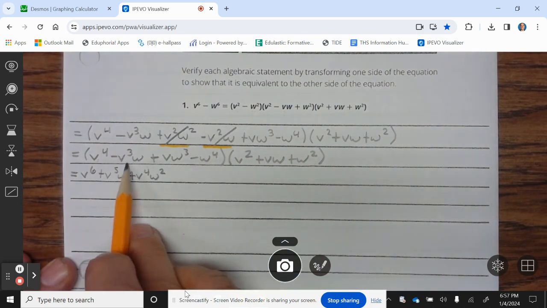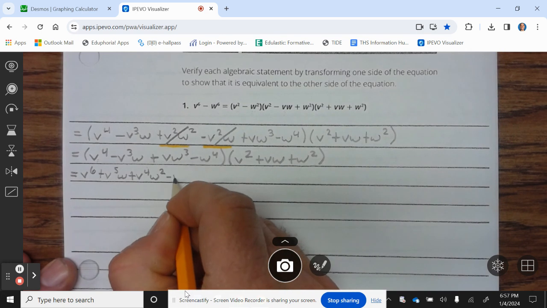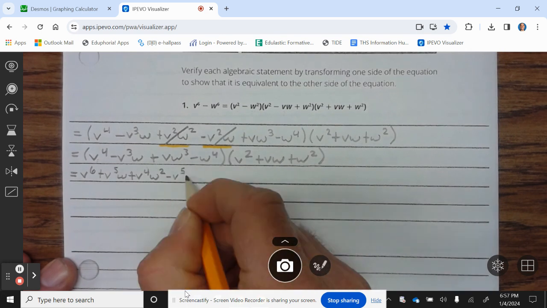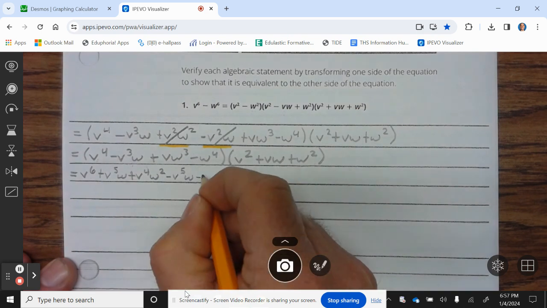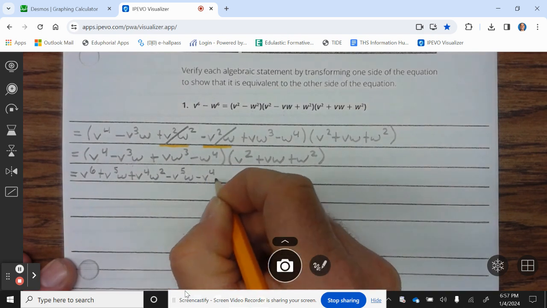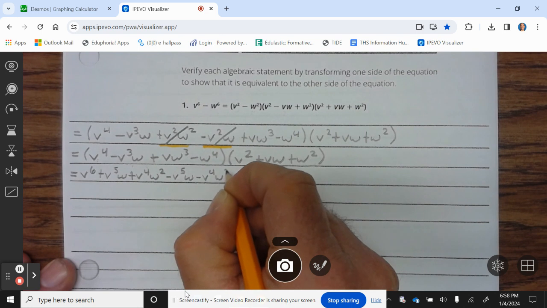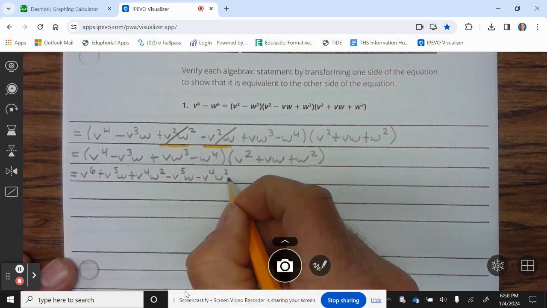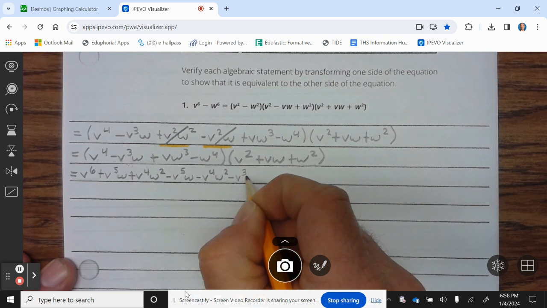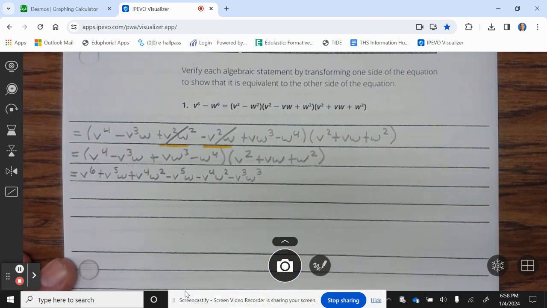Negative v cubed w times v squared is minus v to the 5th w. Negative v cubed w times vw is minus v to the 4th w squared. Negative v cubed w times w squared is minus v cubed w cubed.